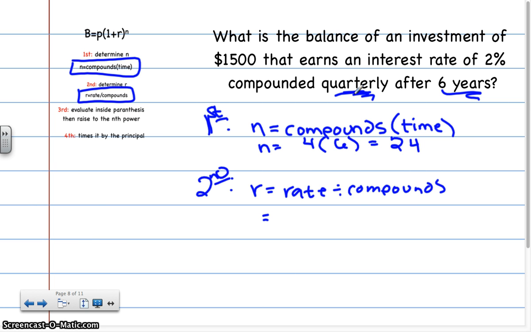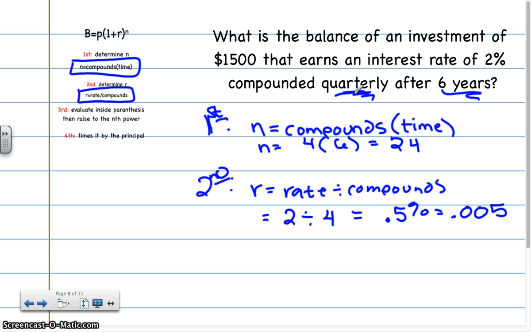I'm going to just keep it as a percent quick. So I say 2 divided by how many compounds do I have? 4. 2 divided by 4, which is 1/2, or 0.5. That's 0.5%. Now I convert the 0.5% into a decimal, 0.005. That's my R. That's me figuring out R.